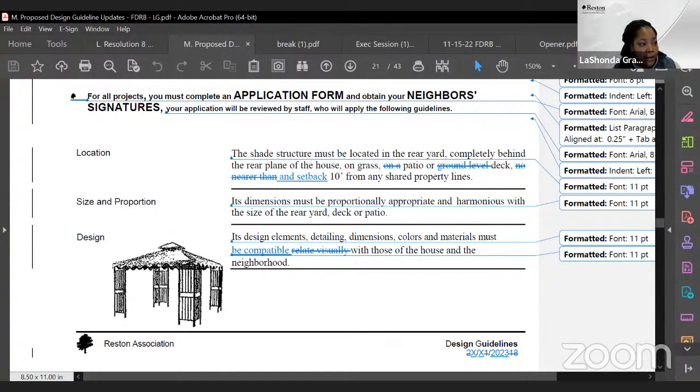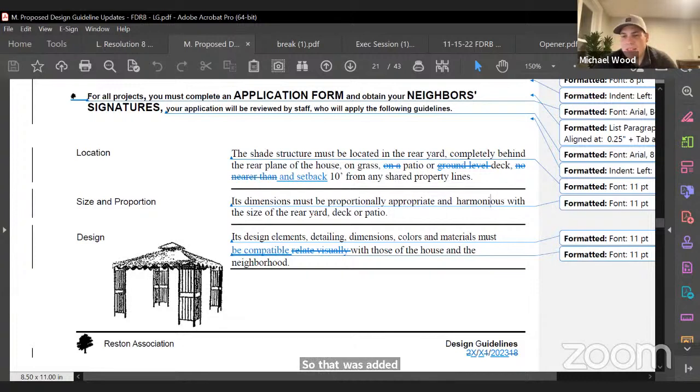So that was added. I guess what I worry about is people leaving a pop-up tent in their backyard from May till September, sticking it on their deck for 4 months, 5 months out of the year. It gets battered, distressed in the weather and the elements.